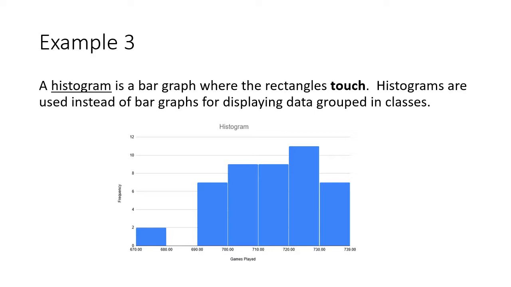And because the data set actually ends at 739, that's going to be the end of my last class. Visually, it is pretty much the same as a bar graph, and we can clearly see that most of the pitchers played between 720 and 730 games. That's much more useful than looking through that giant mess of data.